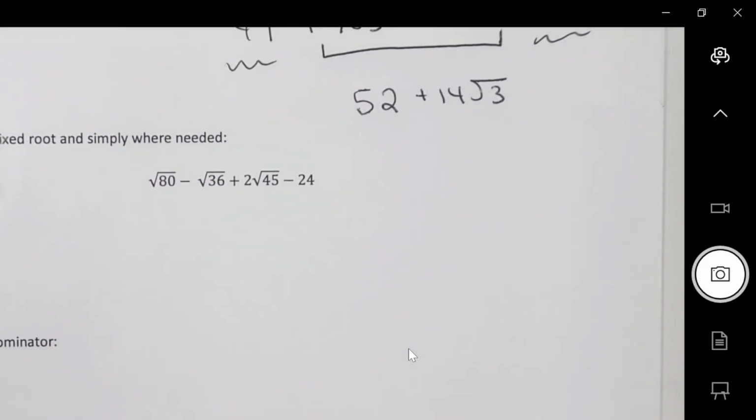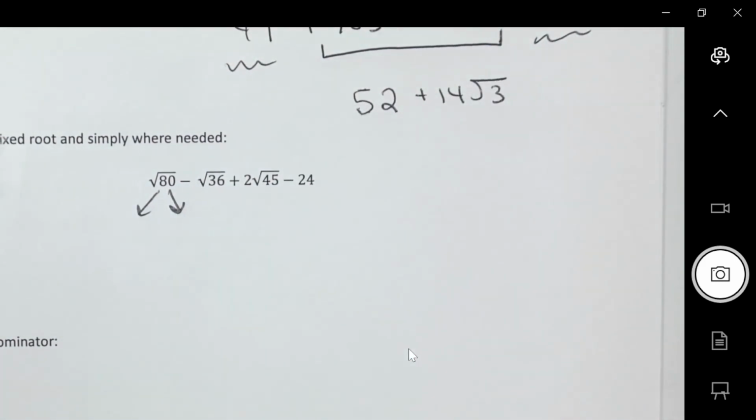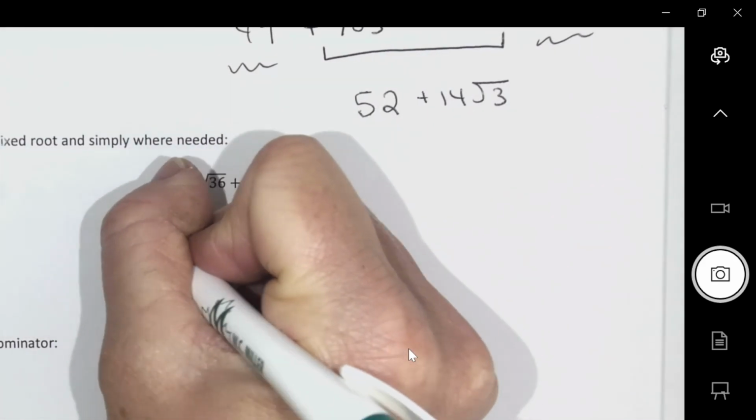Okay, breaking down. So on this one, you have to have all your magic numbers in your head, ready to go. 4, 9, 16, 25, 36. Does anybody know what 80 would divide by? 16 times 5.